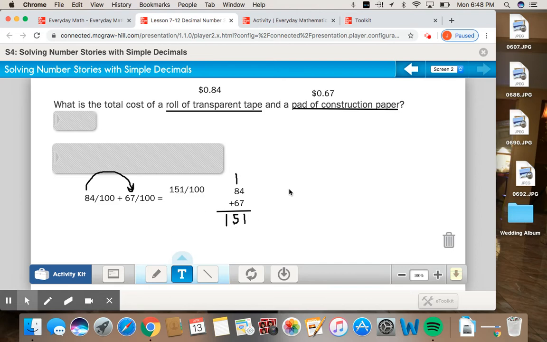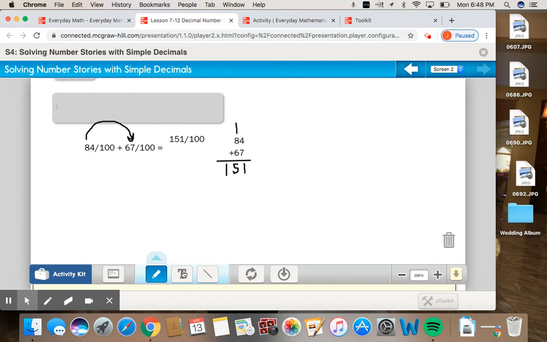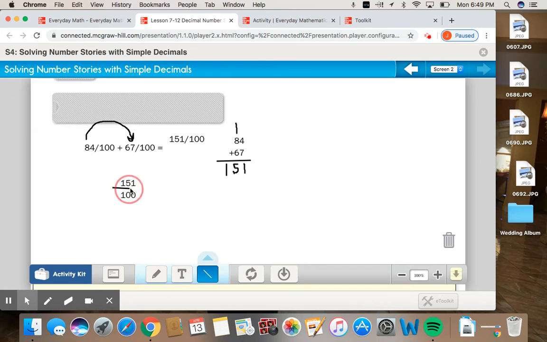So think about it. How much over one whole did you go? Well, one whole would be 100 hundredths. So, and I'm going to write it over here. Maybe I'll use a text box for this one. I'm going to try to set it up differently so it's easier for you to see. 151 over 100, and I'll go ahead and put in a little fraction bar here. 151 over 100.